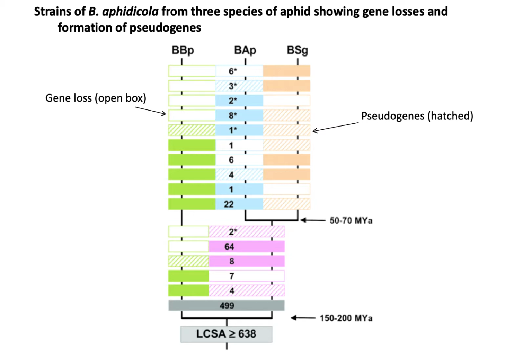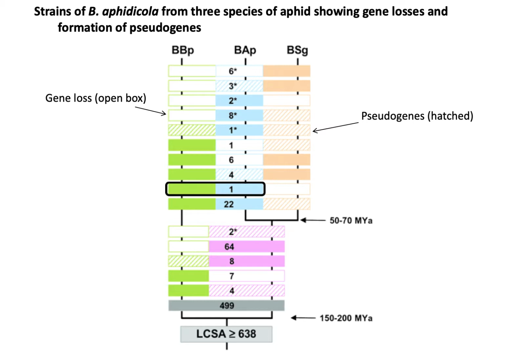And then you can move your way up looking at genes that have diverged among all 3 of the strains. Here's one where 22 genes are retained in these 2 strains, but those 22 genes have become pseudogenes in this strain over here.